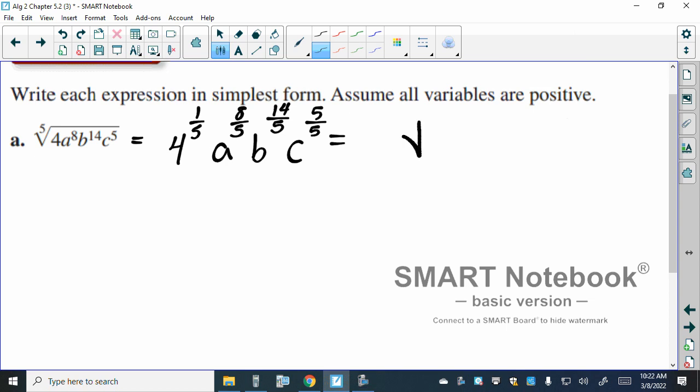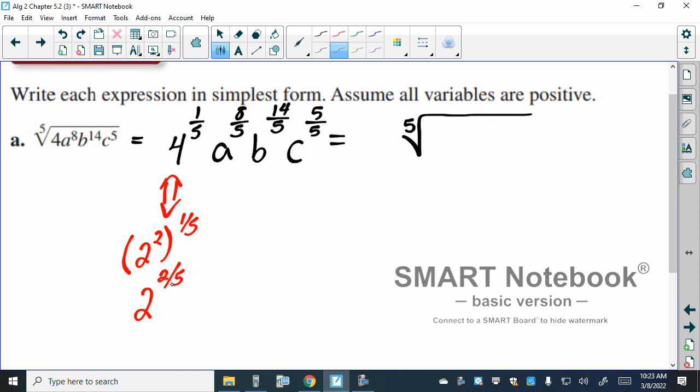So when we finish this here, we're going to have numbers inside and outside of the radical. Now, I rewrite it in this fractional form because it's a little bit easier to see what simplifies and what doesn't. Now, 4 to the 1/5, as we just said, realistically is the same as saying 2 squared to the 1/5, which is 2 to the 2/5.